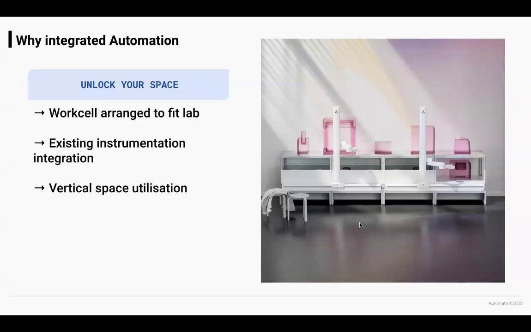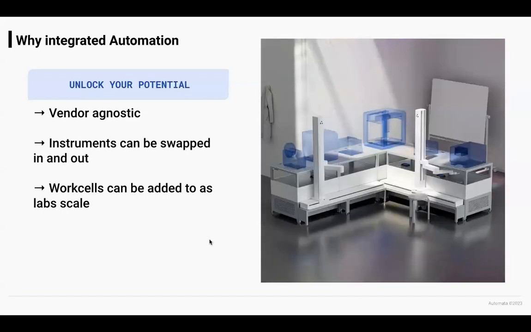We actually offer a bench that doesn't have the transport layer as well, because that can allow you to really use vertical space. So you might not need to have reagents go all the way to the end of the bench because it goes up to here. This means you can put another instrument there and save that little bit more space. And again, one of our examples shows how useful this can be.